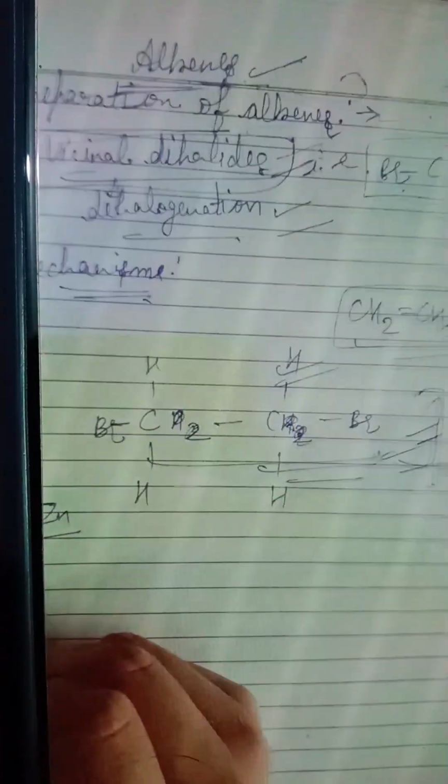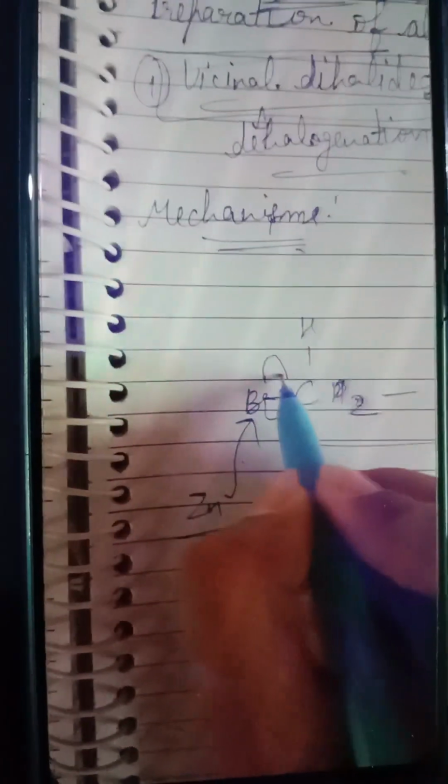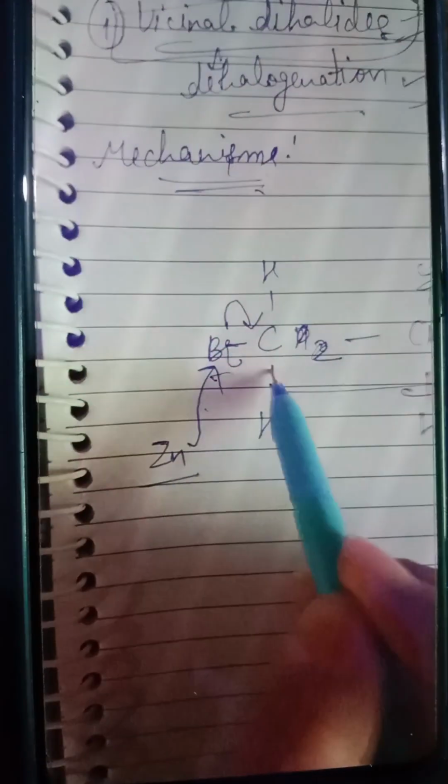So here the zinc attacks the bromine atom, which in turn gives its electron to the carbon atom to which it is attached.